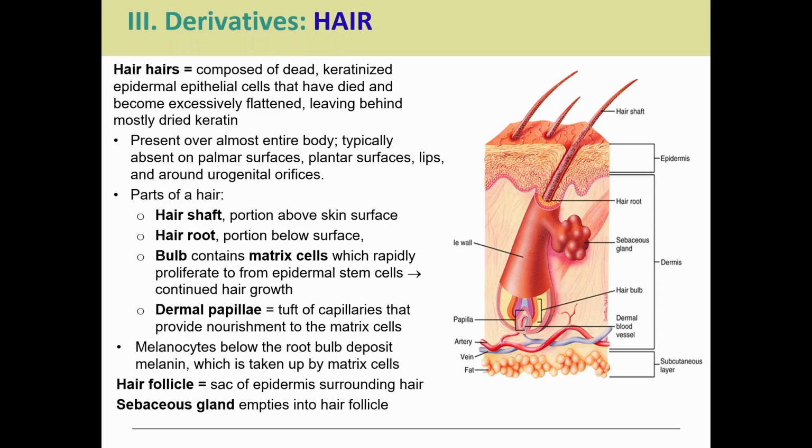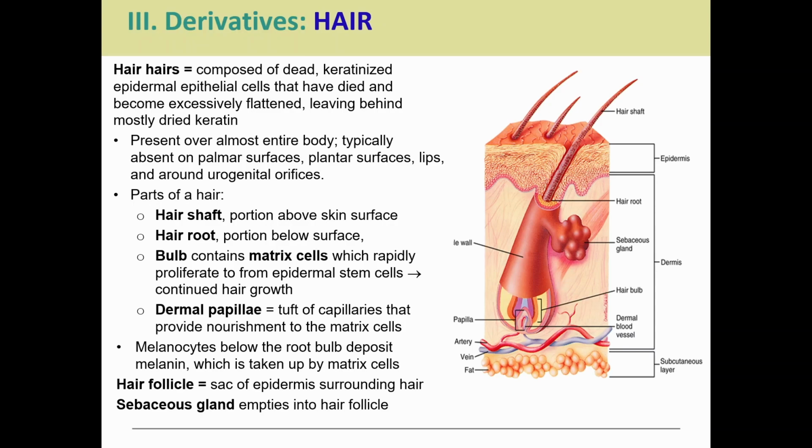The only places we really don't see them are going to be on your palms, the bottom of your feet, your lips, and right around the urogenital orifices, or right around the urethra and the vagina. We'll see it around it, but right up close to it, they'll start to disappear. So mostly everywhere, right? Even on your forehead, even on your cheeks, your arms, right? Everywhere has hair, even though it might be very fine.